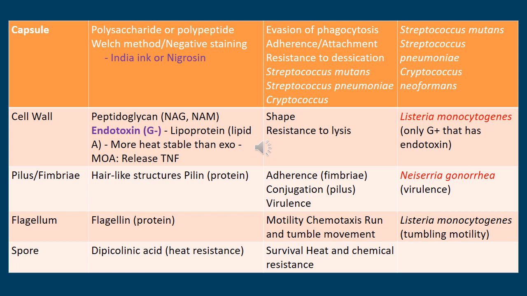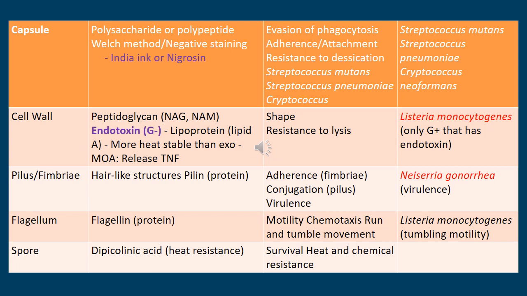And usually when it comes to staining, for capsule, we utilize your India ink or your nigrosin. As to the cell wall naman po, as we have discussed earlier, the component would be your peptidoglycan, in which there are alternating molecules such as your NAG and NAM.